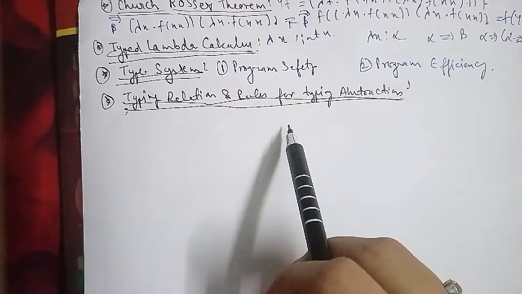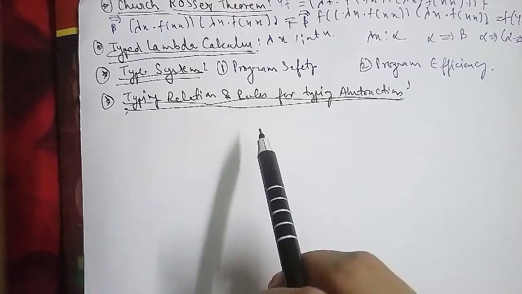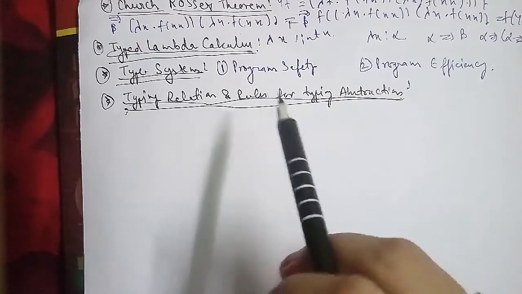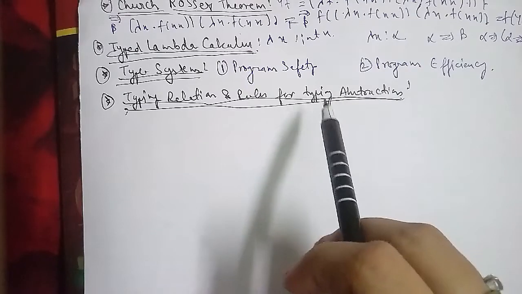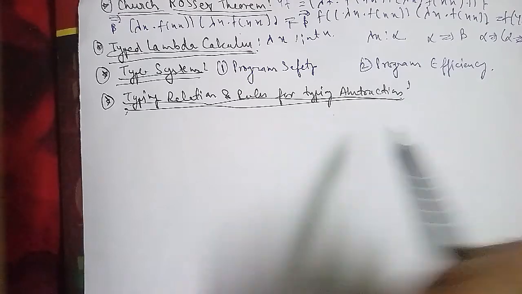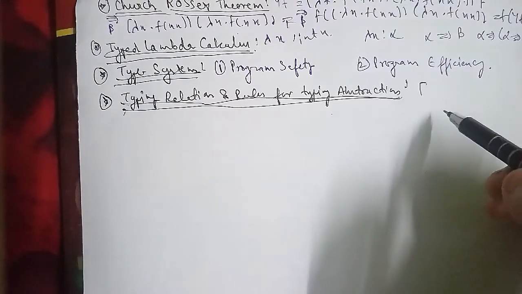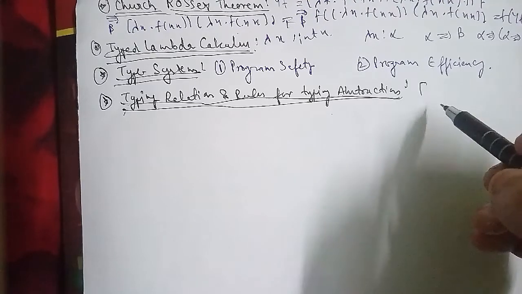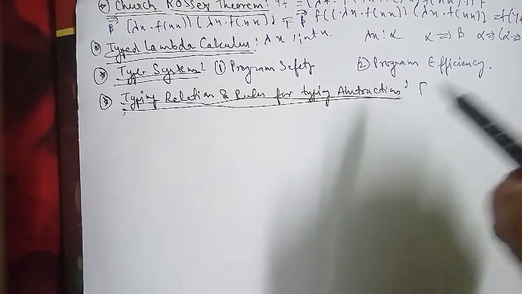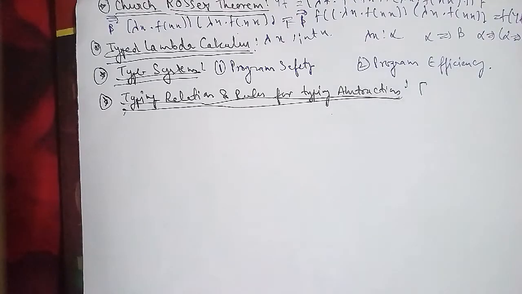So the rule for typing abstraction has a general form, represented as Γ, x : T1 ⊢ t2 : T2 over Γ ⊢ λx : T1. t2 : T1 → T2.